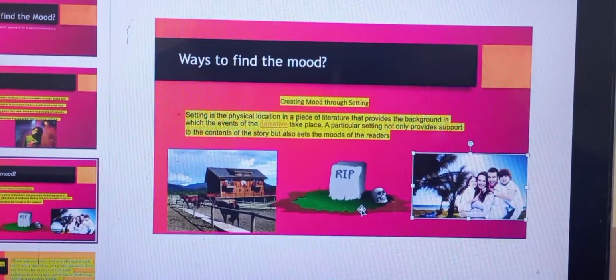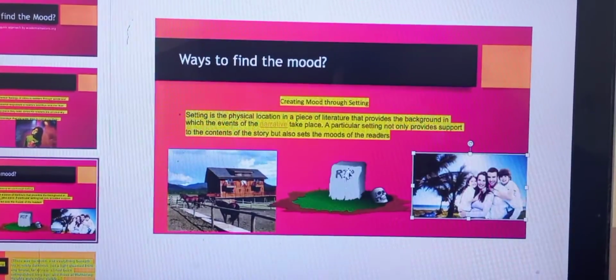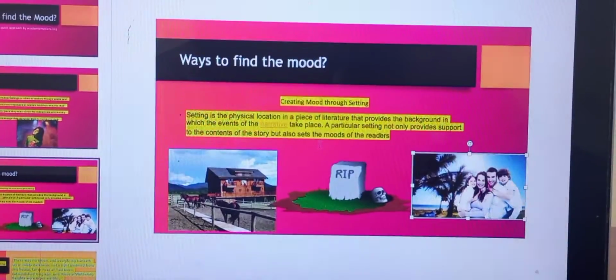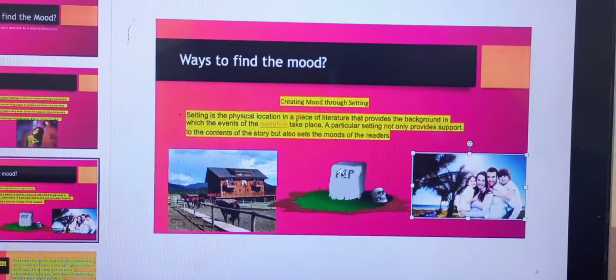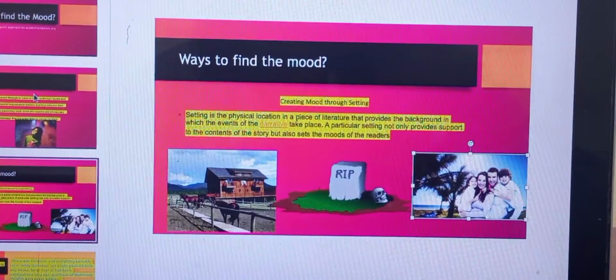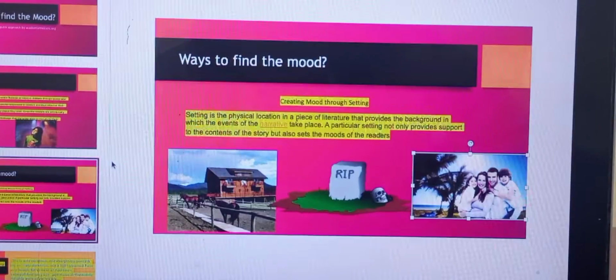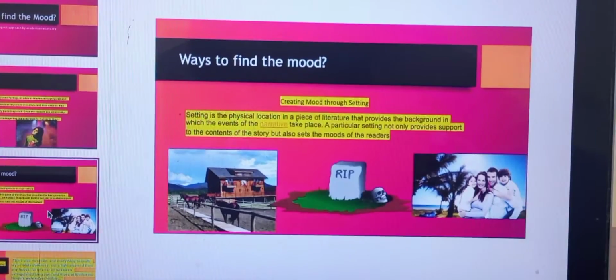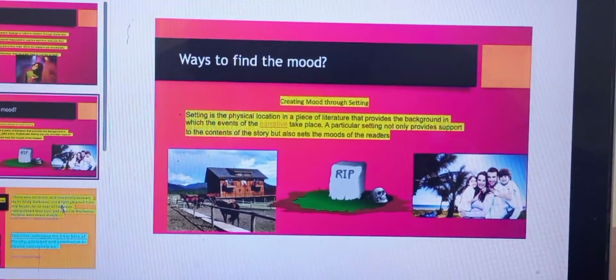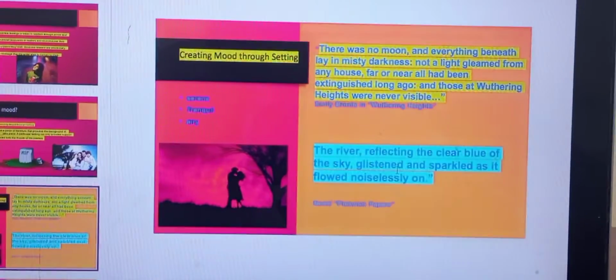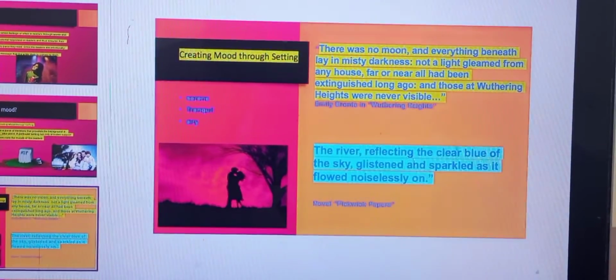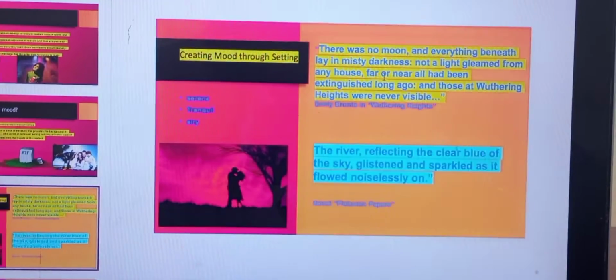Now, the setting, for emphasis, provides support to the content of the story, and it also sets the mood of the readers. So we create mood through setting. Let's go a step further. Let us look at now how mood, more specifically, is created through setting by looking at two pieces.